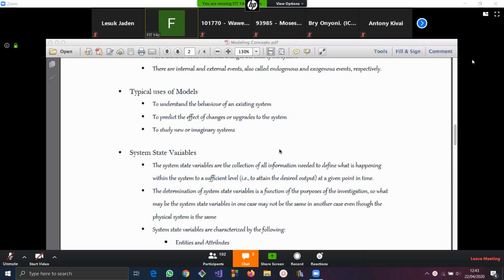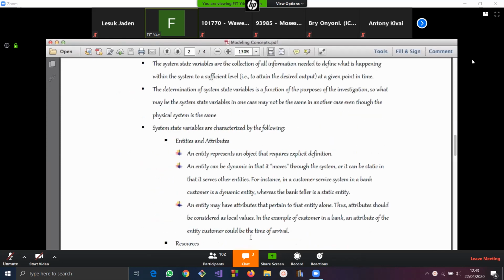Now, ideally, state variables are characterized by the following entities and attributes. And this is very perfect because a system is whole. Remember we talked about an entity, we looked at an object, and we said an object would have attributes.